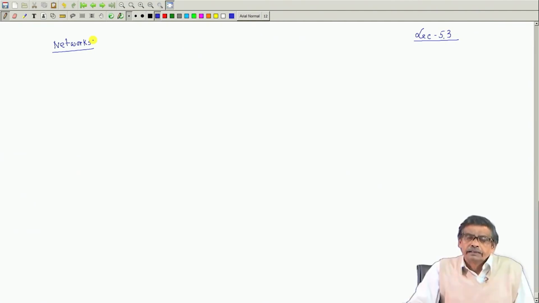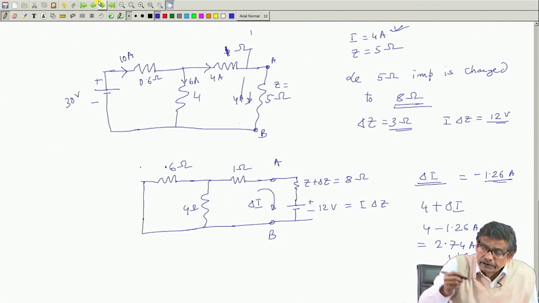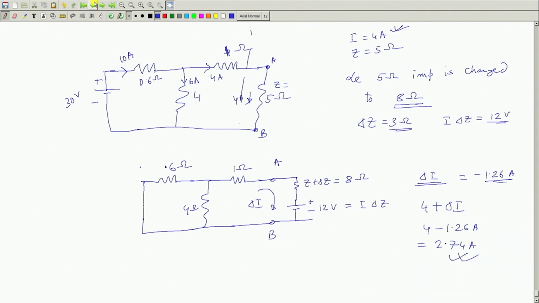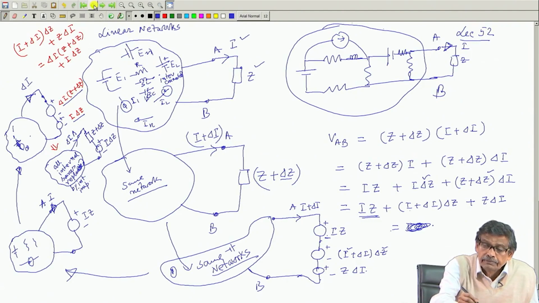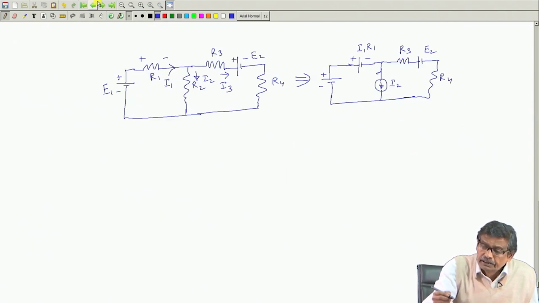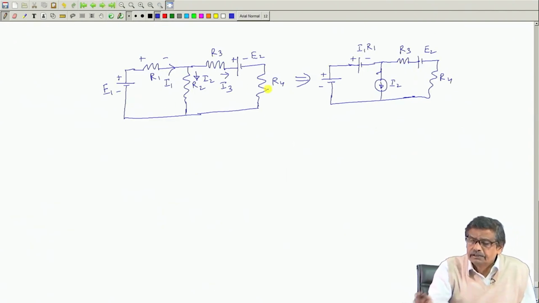We learned that. Then I told you another interesting observation about networks, that given a network there will be several branches present in the network. For example, this is the original network.